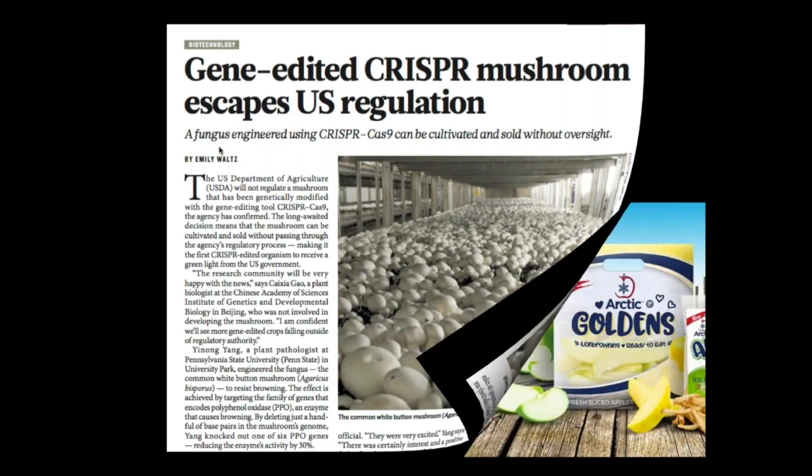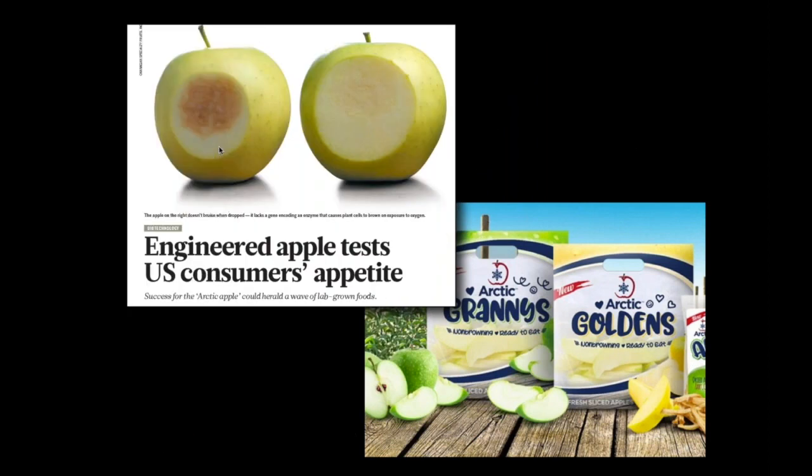The very, very same technique was used by another biotech company to inactivate a very similar enzyme that causes apples to go brown after they're exposed to the air. This is called the Arctic apple, and it's actually being marketed right now. So these apples basically will stay crisp and colorful for a very, very long time.